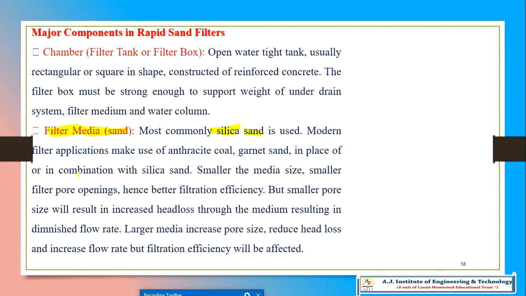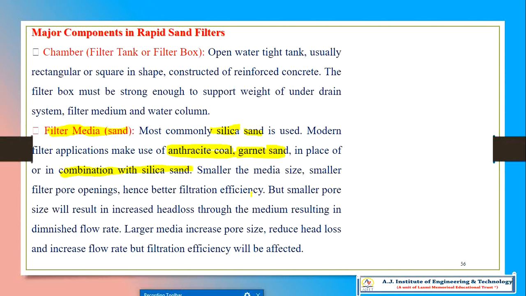Modern filter applications make use of anthracite coal. Now, in modern filters, anthracite coal and granite sand are usually used in its place. The sand is crushed, that is, crushed silica or a smaller size of silica and granite. In place of, or in combination with, silica sand, we can use granite sand.